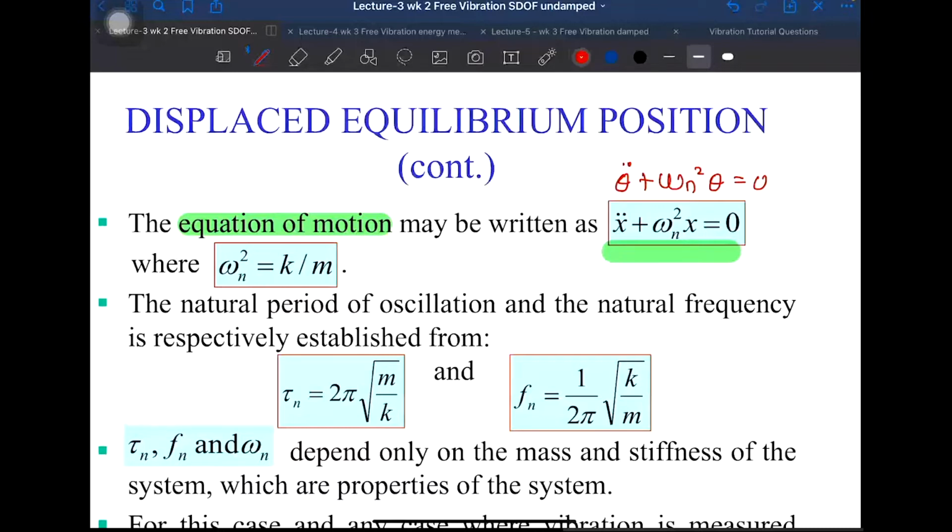But if the question asks only for EOM, then you can just solve your equation to be in this form. If the question asks for omega n, get this form of EOM first, and then you can further calculate to find your omega n from this EOM also.